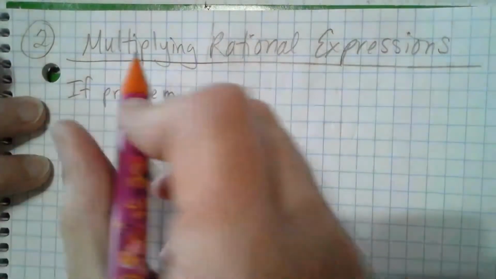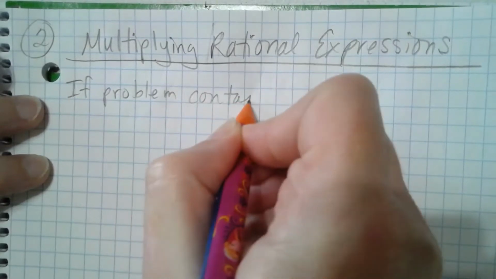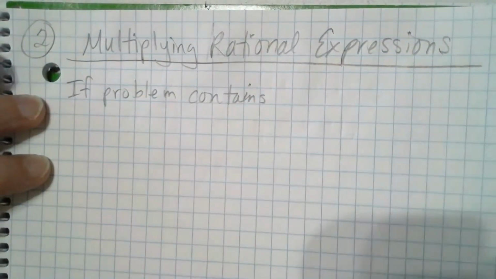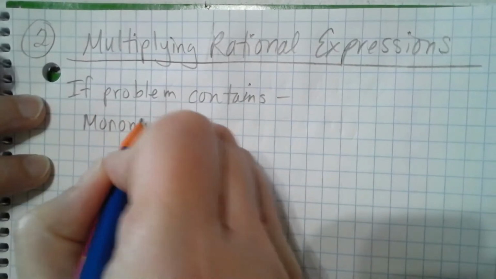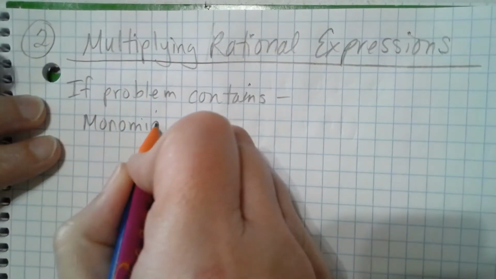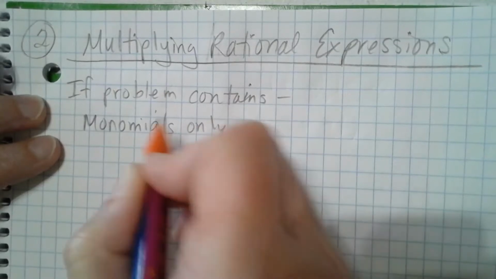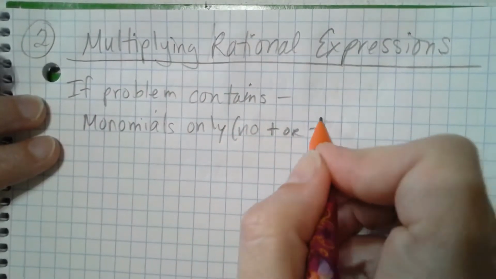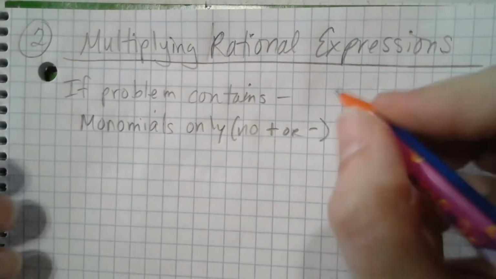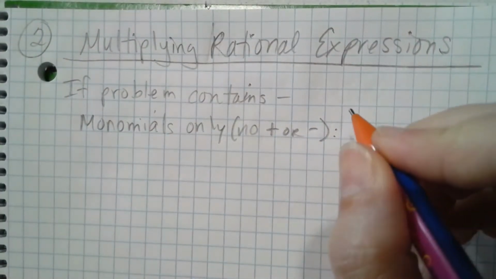If our problem contains monomials only, that means no plus or minus anywhere in our problem.